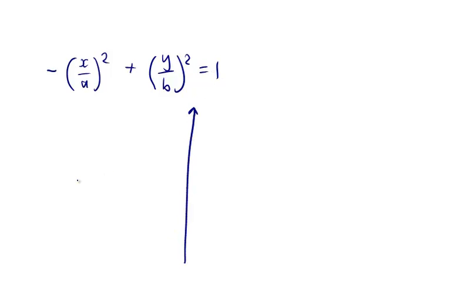So the equation of my hyperbola might be minus x on A squared plus y on B squared equals 1. And we'll do the same thing we did last time. We'll draw x and y axes. We'll mark the points A and minus A on the x-axis and the points B and minus B on the y-axis, and we'll draw a box.